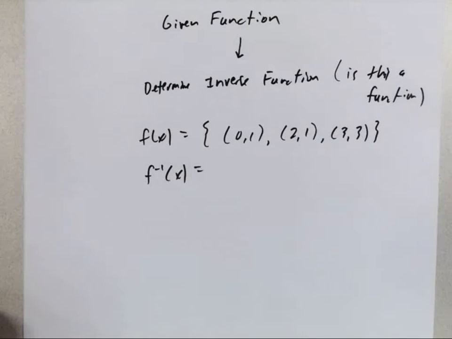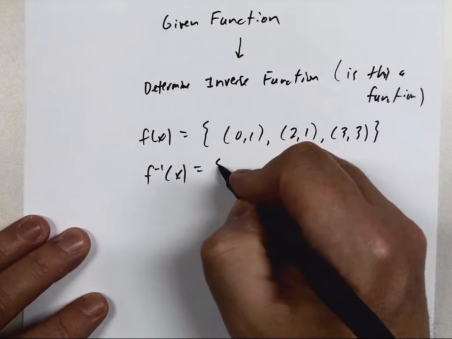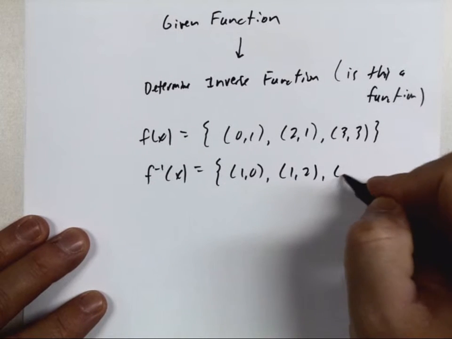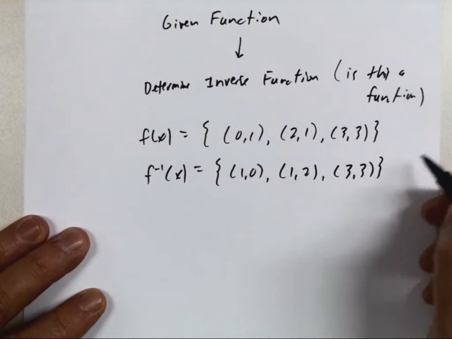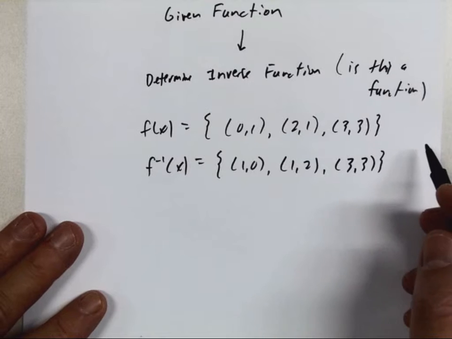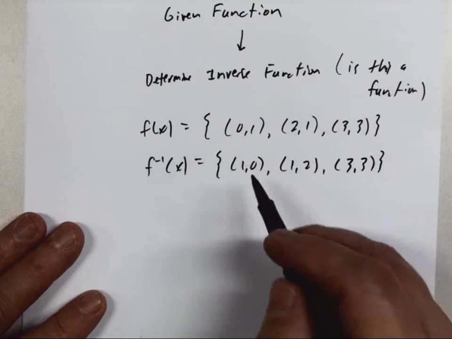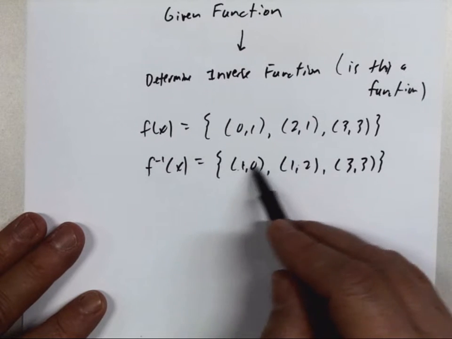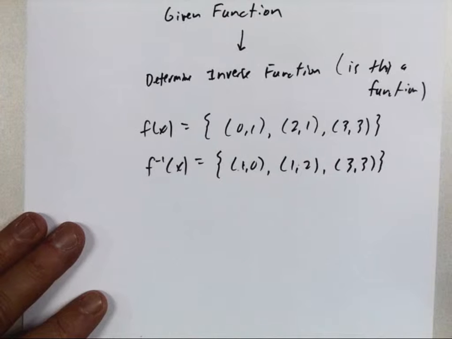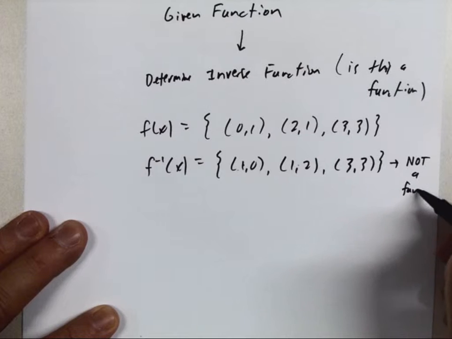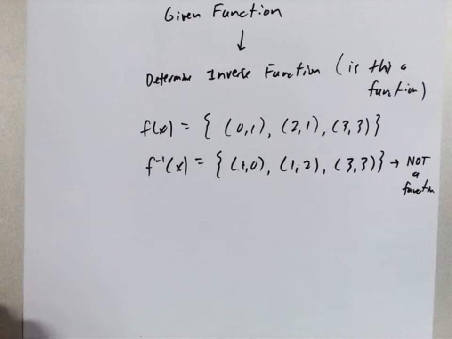Now let's calculate the inverse function. You simply swap the x's and y's. Is the inverse function a function? Well, did the x's repeat? X is 1, x is 1, boom. X is repeated. Turns out the inverse of this function is actually not a function itself.